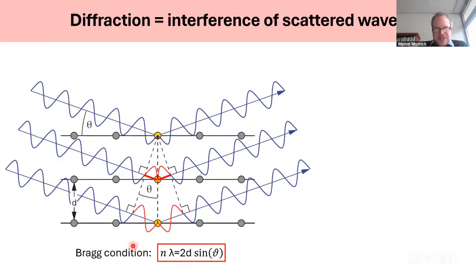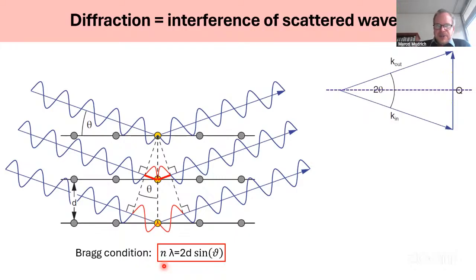So in this textbook derivation of the Bragg condition, we only consider planes where the partial beams are reflected from, and then we can calculate what the path difference is for these different partial beams reflected from the planes, and by requiring constructive interference at a specific angle of the light, the path difference should be multiples of the full wavelength to get constructive interference. Then we arrive at the Bragg condition.